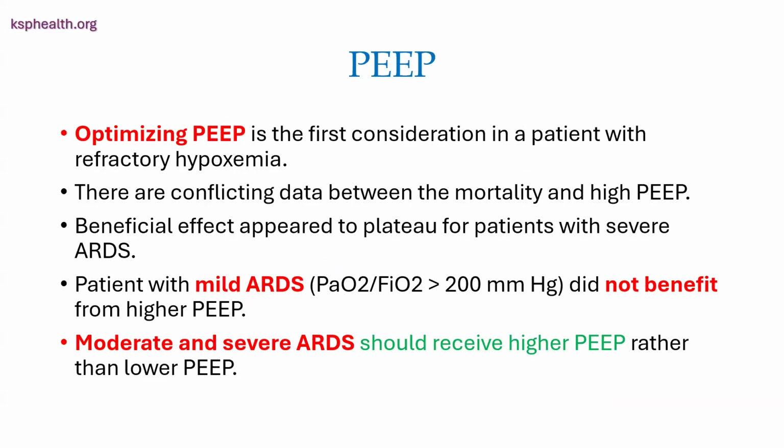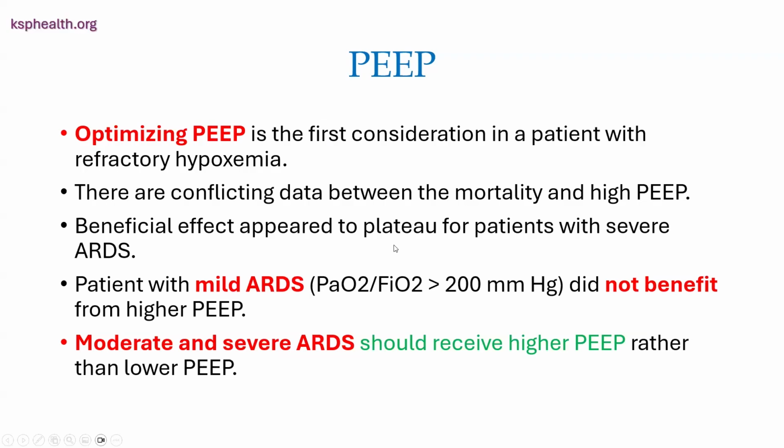The other parameter very important in hypoxemia is PEEP, positive end expiratory pressure. Optimizing PEEP is the first consideration in patients with refractory hypoxemia because the PEEP inflates the alveoli. The distended alveoli promotes alveolar ventilation, thus improves oxygenation. There is conflicting data about the mortality in both high and low PEEP.